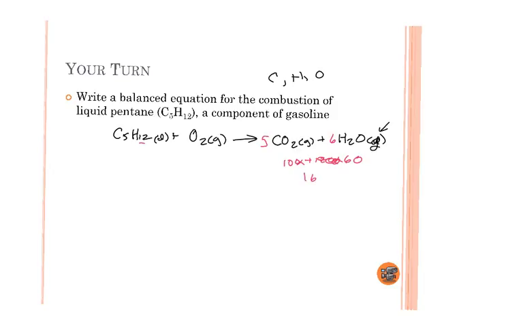On the right we have 5 carbons. On the left we have 12 hydrogens. On the right we have 12 hydrogens. On the left we have 16 oxygens, 8 times 2. And then here we have 16 oxygens: 10 oxygens from carbon dioxide and 6 from water. And so this is balanced.